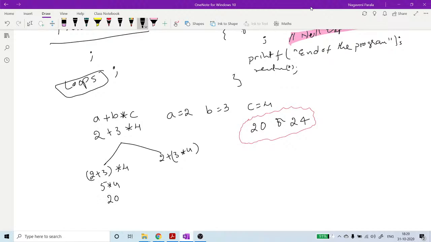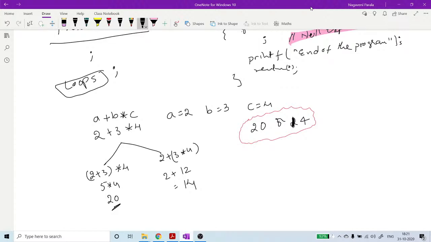Okay, so somebody may get this answer. And suppose in 2 plus 3 into 4, 3 into 4 is performed first, 12. Then 2 plus 12, so we got the answer 14. So which one is correct?